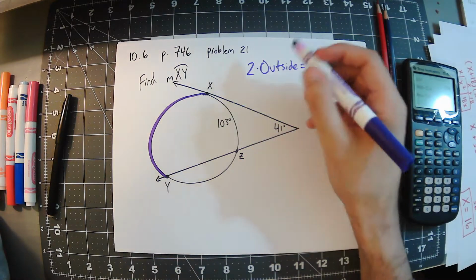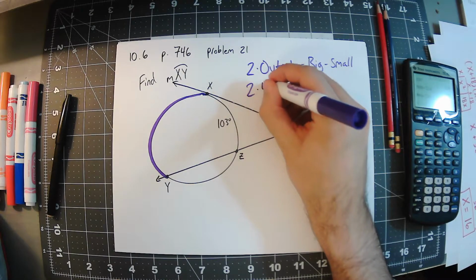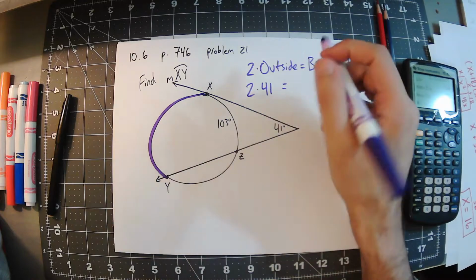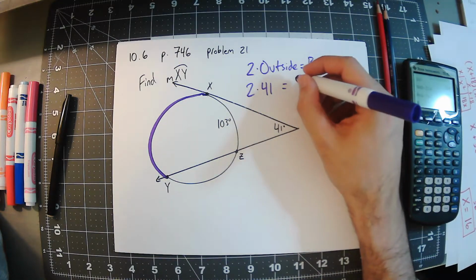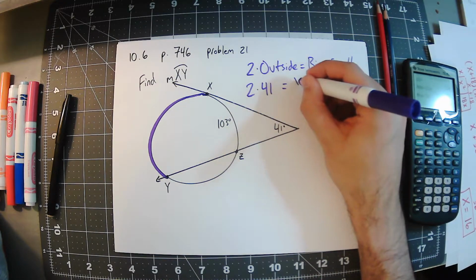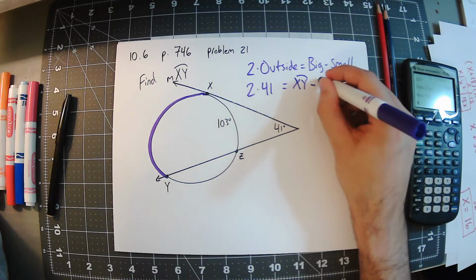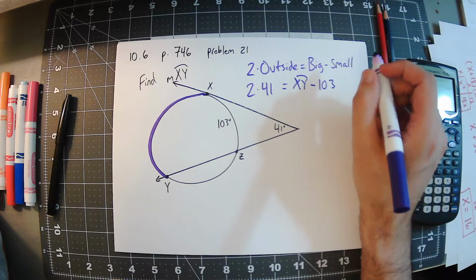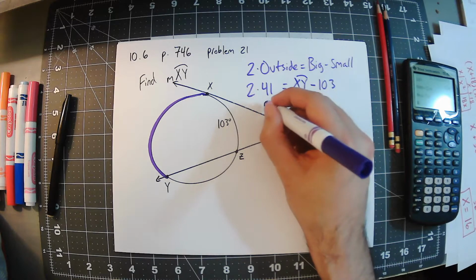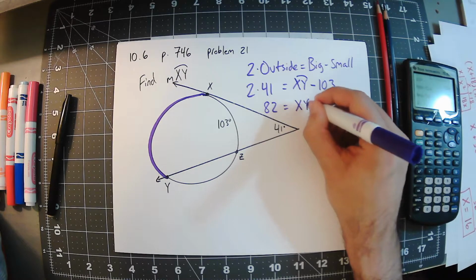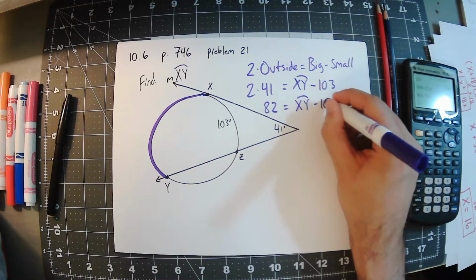So our outside one is 41. Our big one is the one we do not have. I'll just call it xy, because that's the name of the arc, minus 103. Okay, that's 82 equals our arc that we're solving for, minus 103.